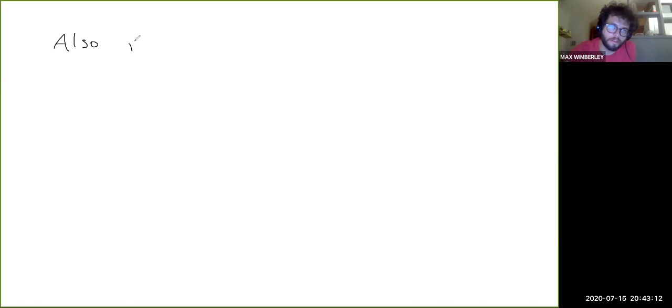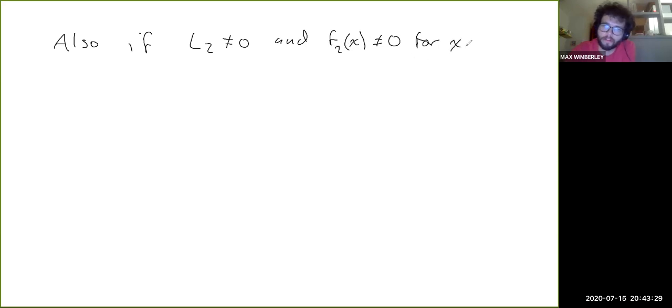Also, if L2 is not equal to 0 and f2 of x is not equal to 0 for x in S, then f2 of xn is not equal to 0 for all n.